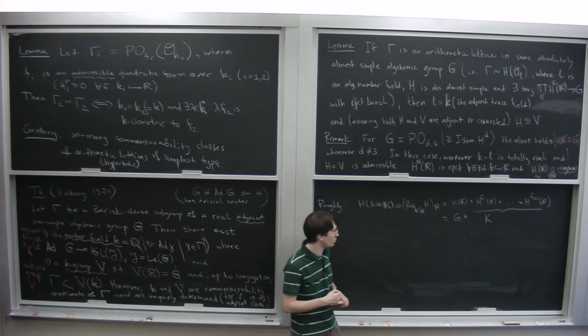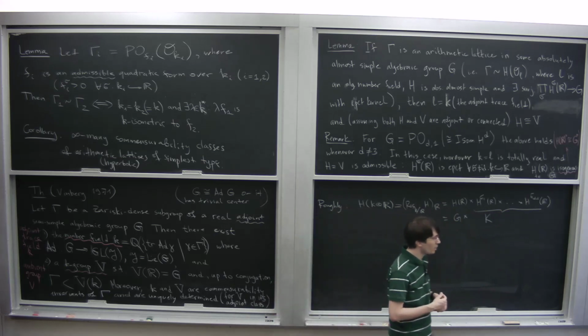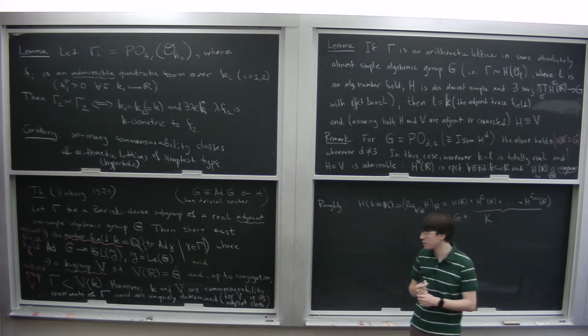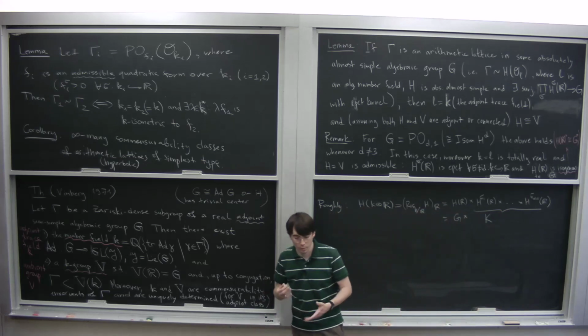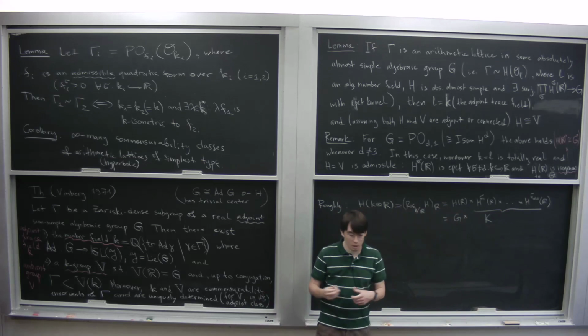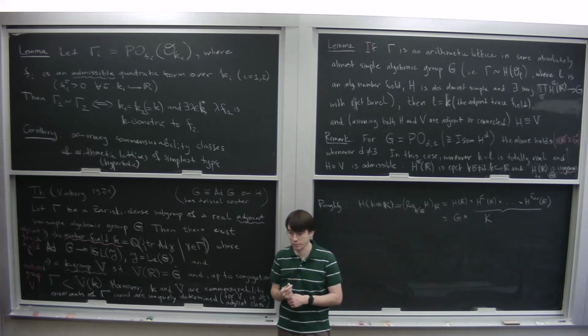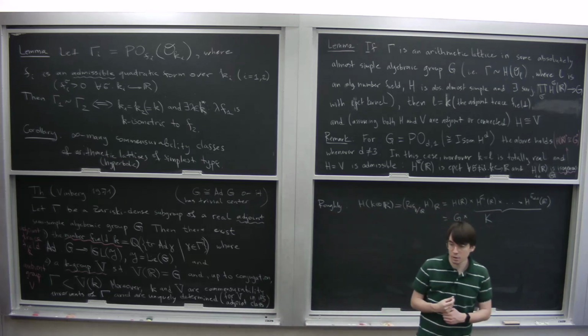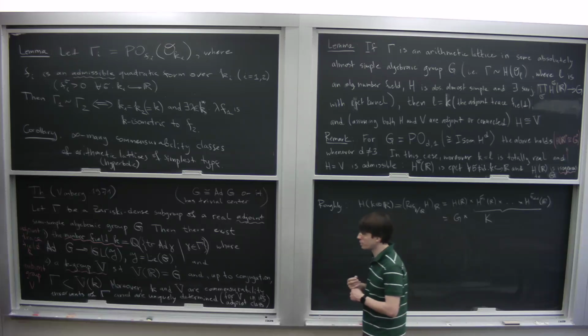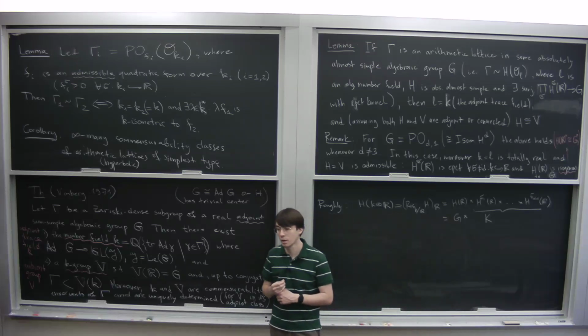So let us discuss how it works for reflection groups. I also remind that this is why people were interested in reflection groups. They gave first examples of non-arithmetic lattices. In fact, it was an open problem to find those in hyperbolic spaces, even in dimension 3.